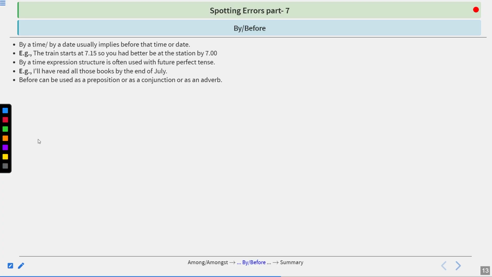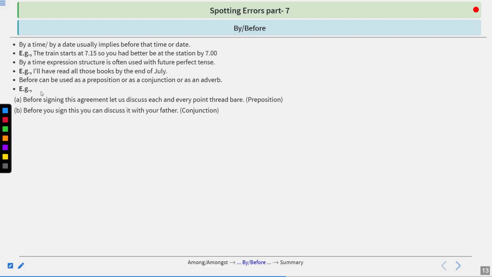Before can be used as a preposition, as a conjunction or as an adverb. It has 3 ways. Before signing this agreement, let us discuss each and every point threadbare. So before here is used as a preposition, because signing is a gerund with it.